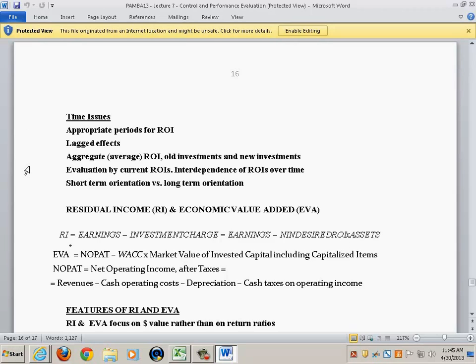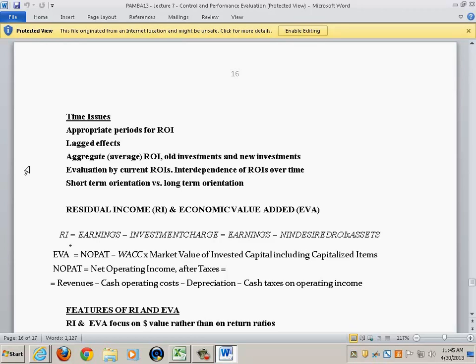That's a minimum desired return on investment, or a minimum required return on investment, which is how much do you require to clear a minimum level of investment. Times assets, right.